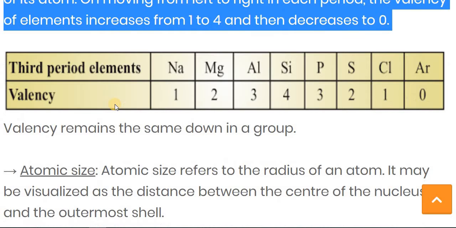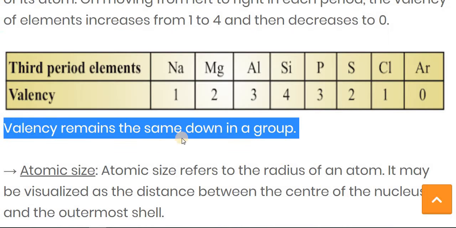If you are talking about the group, then in the group there is the same number of valence electrons, but the shells are increased. As we saw earlier, in a group the outermost orbit possesses the same number of electrons, so the valency remains the same in the group. Here you can see the valency remains the same if we go down in a group.